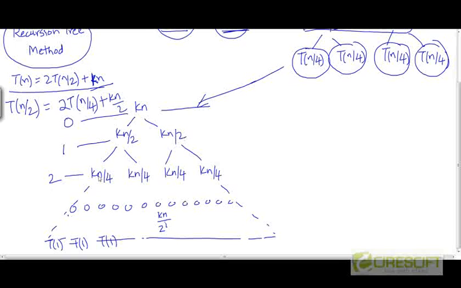At level 2 we had four values, each value being kn by 4. In level 3 we are going to have 8 values, all 8 of them being kn by 8. And in general, at level i, we are going to have 2 to the power i values, each value being kn divided by 2 to the power i.